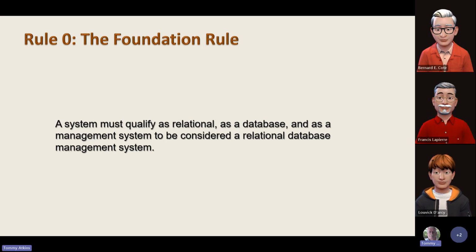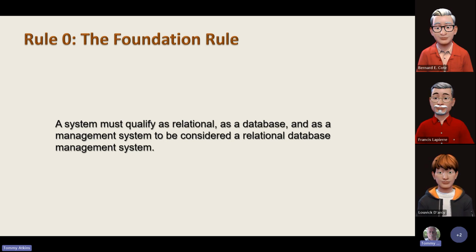You don't need to be a huge scientist to work that one out. But that's his foundation rule. I call DB2 a relational database management system, RDBMS is my term for it all the time. DB2 is implemented as a relational database management system.